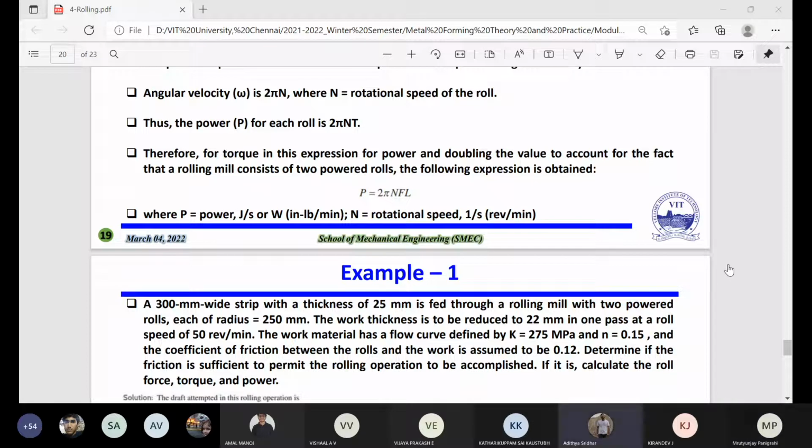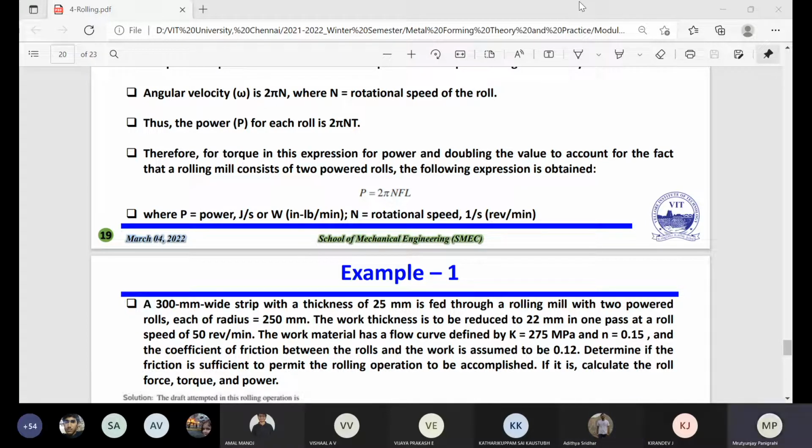Dia: Sir, for T, we have to convert it, no? We have to convert it from mm to meter, because torque will be in Newton meter. So you have to convert mm to meter. I am getting, sir, 19782. Yeah, fine.